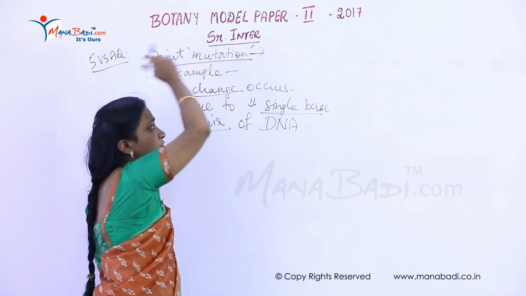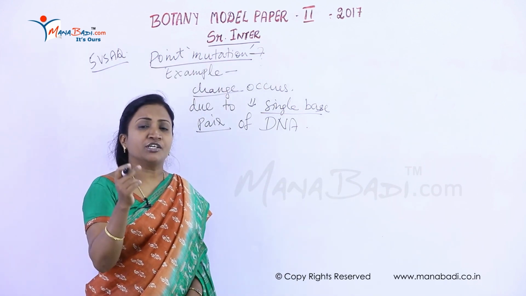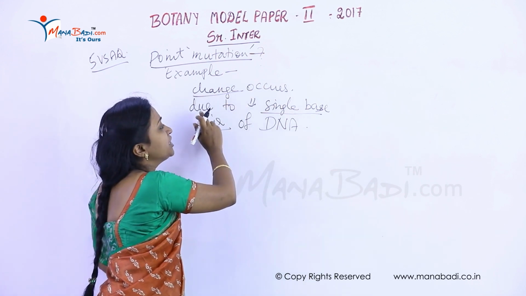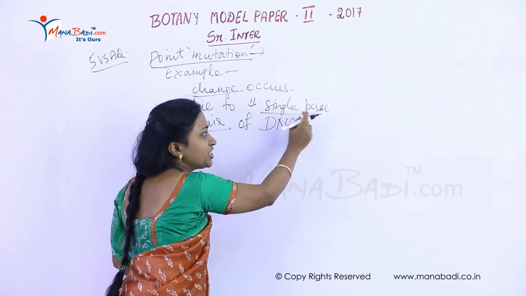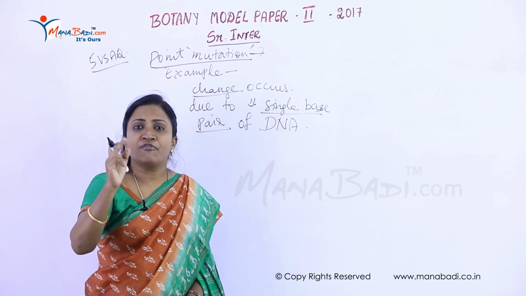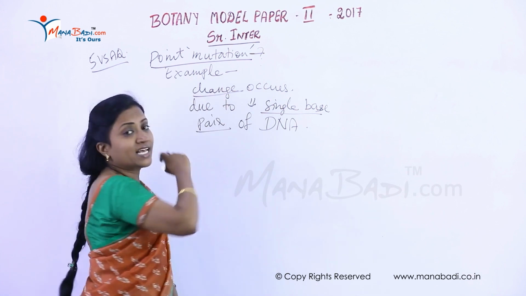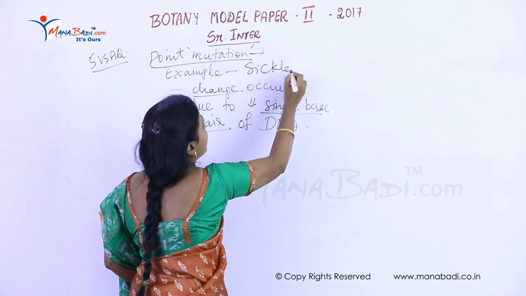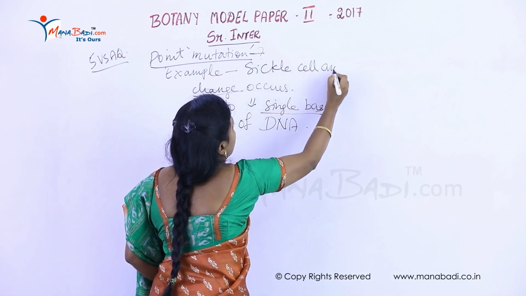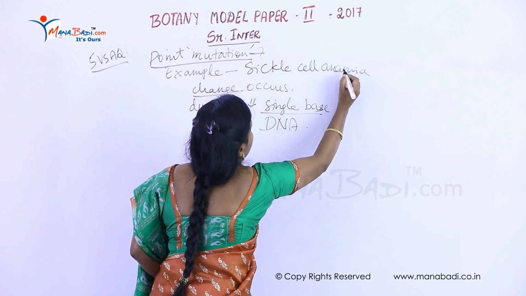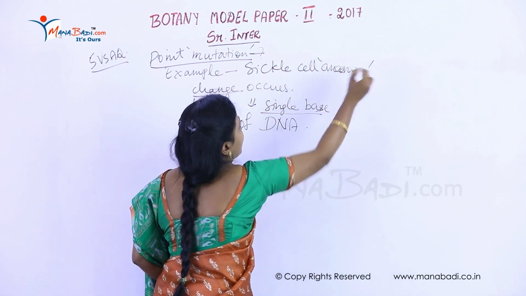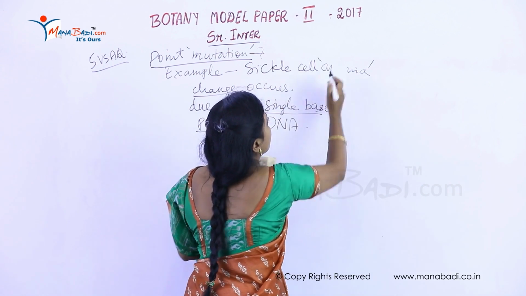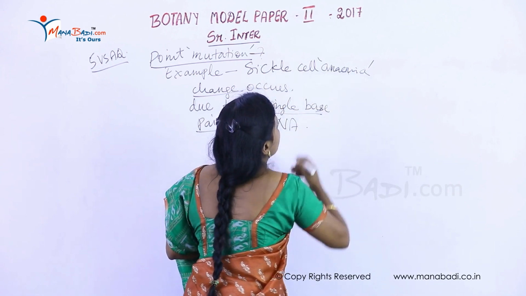Point mutations are the changes that occur due to the alteration in a single base pair of DNA. What is an example? Sickle cell anemia is the example of point mutations.